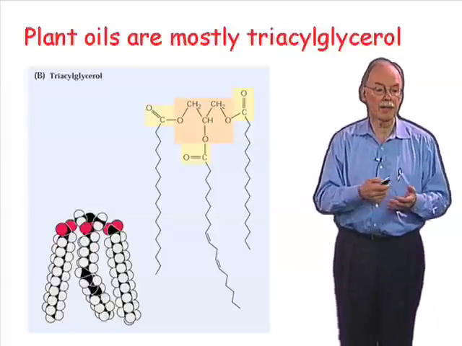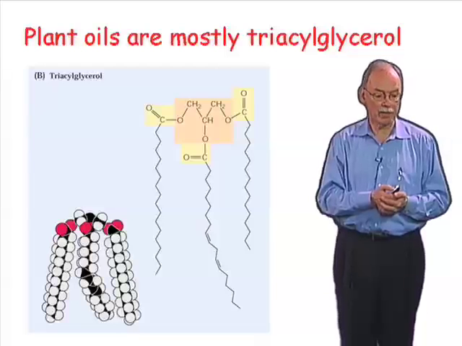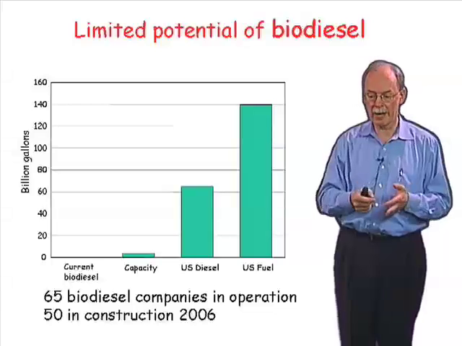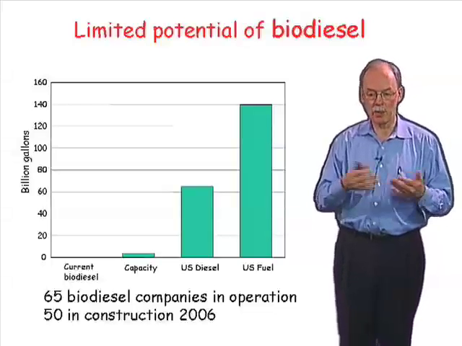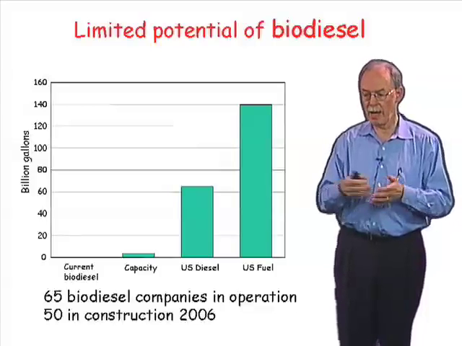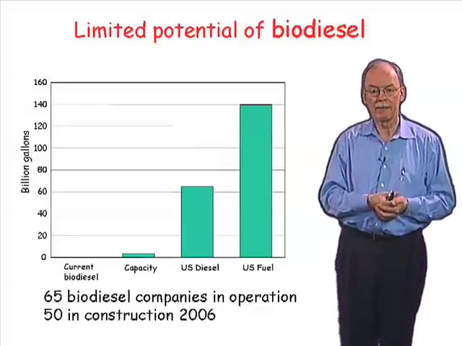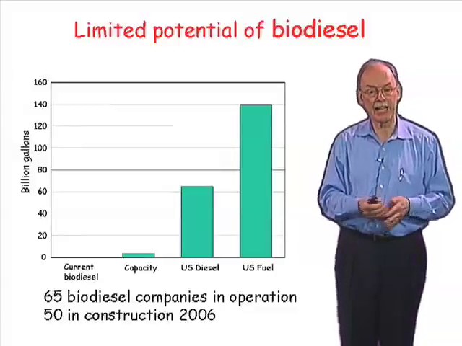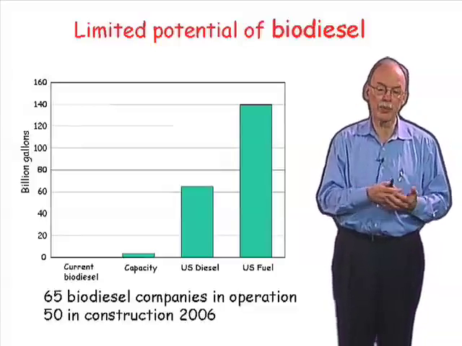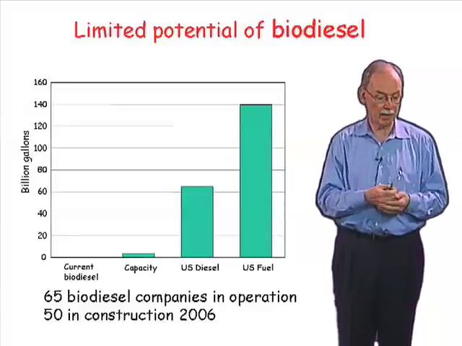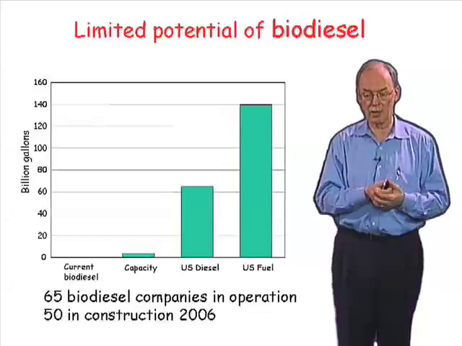For that reason, there's a lot of interest in making so-called biodiesel by reclaiming used cooking vegetable oils, for example, or tallow from animal processing. Indeed, there's currently about 65 biodiesel plants in the United States and many more elsewhere in the world, and there are about 50 more currently in development. It's a concept that's much in the news.